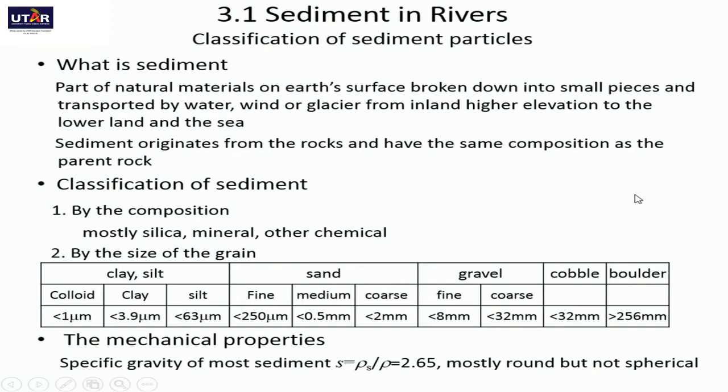This table shows different kinds of sediment: clay and silt, sand, gravel, cobbles, and boulders. The clay and silt go from something like less than 1 micrometer in diameter to about 63 micrometers. Sand goes from 63 micrometers to about 2 millimeters.